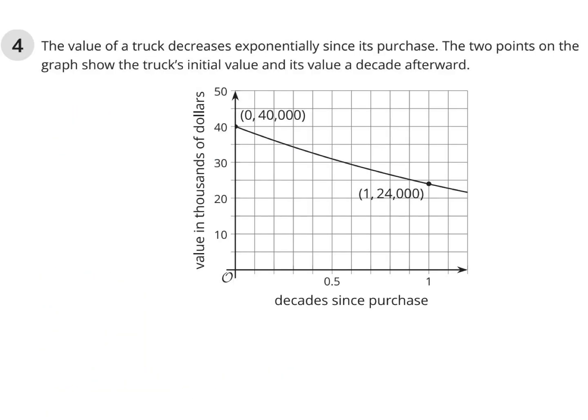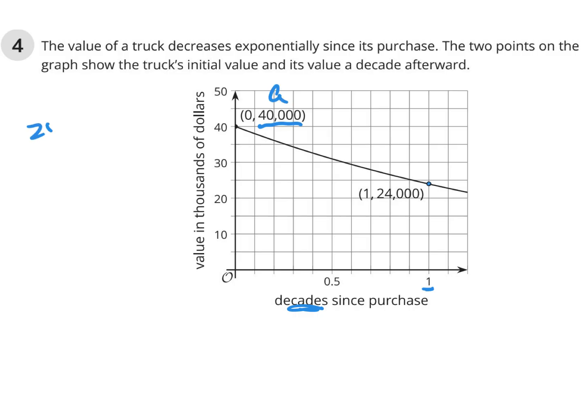Okay, the value of a truck decreases exponentially since its purchase. So we're talking about decrease. Here's our initial value because we're at 0. And here's over 1 year. This point is 1 decade. So writing our equation, here's our A. What's our B?